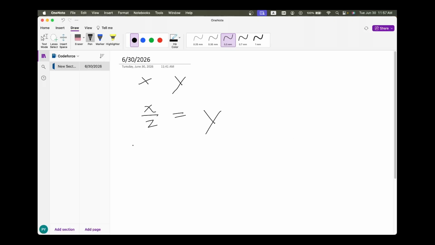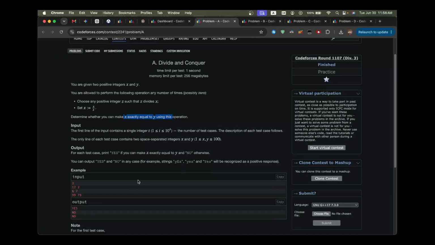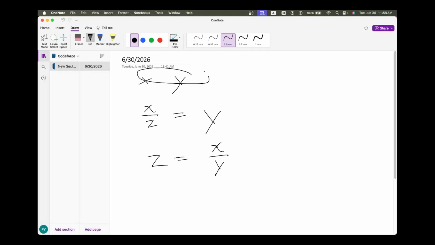All right, so what do we notice? Clearly, you want z to be equal to x over y. And since you know what x and y already are, basically all you have to check is if x is divisible by y, then z exists, and that's it.